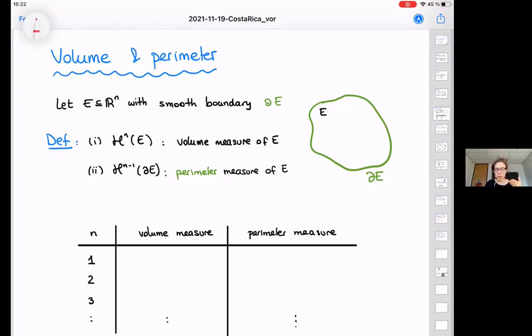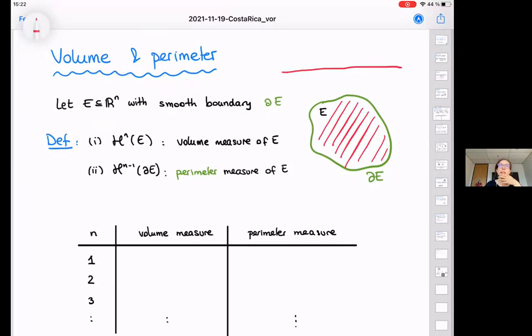Because what's happening here, if we see this thing in 2 dimensions, is that E has some area, and now if we look at the boundary, it is kind of 1 dimension less because it is only a curve. If I sort of disentangle it, it becomes a curve.